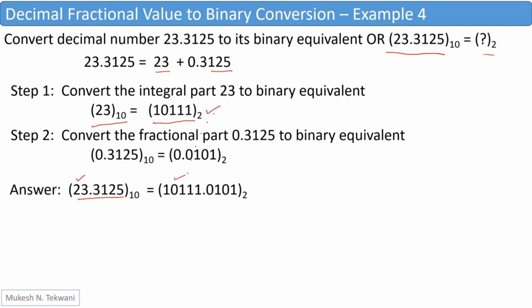We got that value here, followed by the binary point, and then 0.3125, which has the binary equivalent of 0101. So that is the value we have shown, and therefore this is the complete answer for 23.3125.